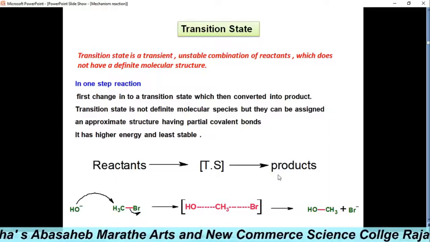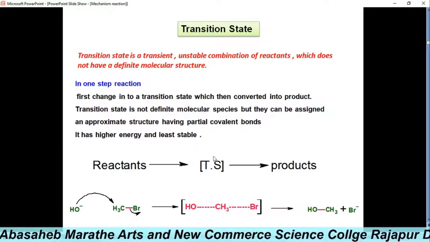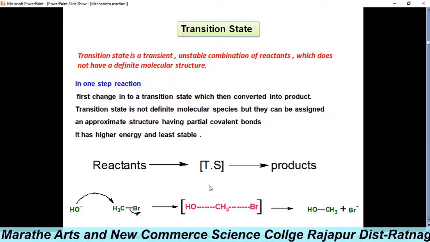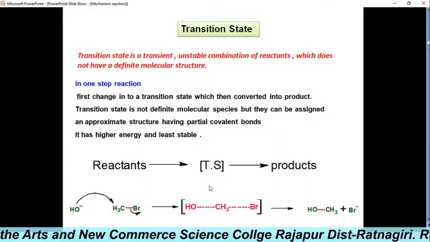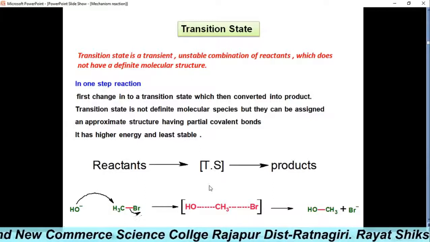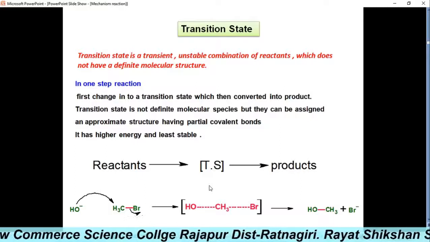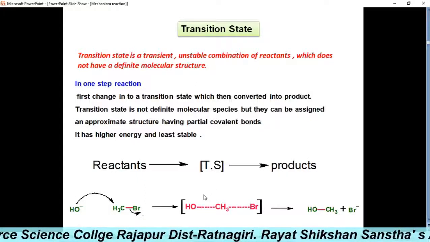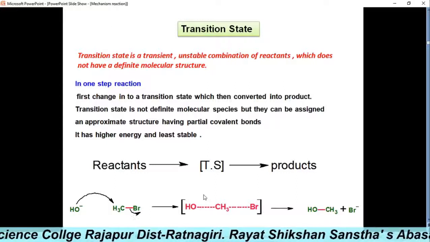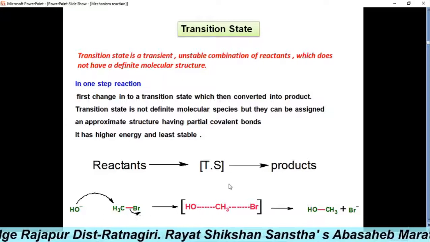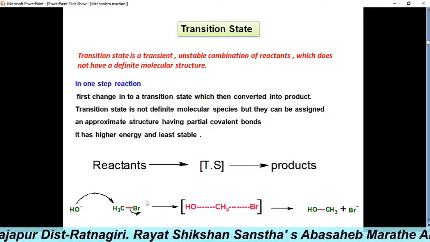Thus, the transition state is not a definite molecular species, but it can be assigned an approximate structure having partial covalent bonds. It is high energy and has least stability, therefore it cannot be isolated. We have seen this example.